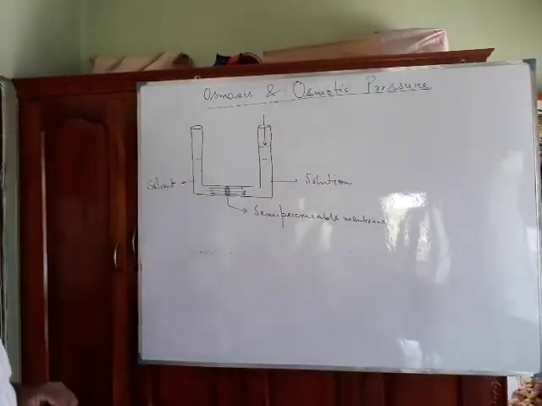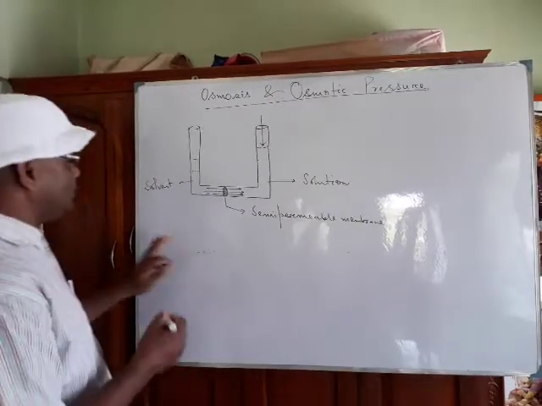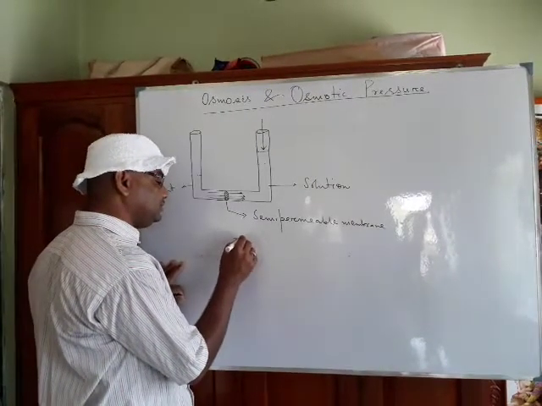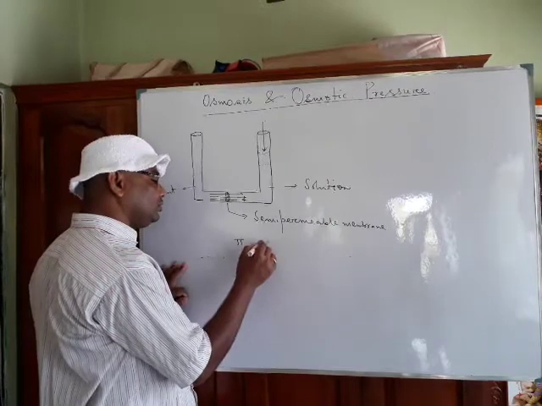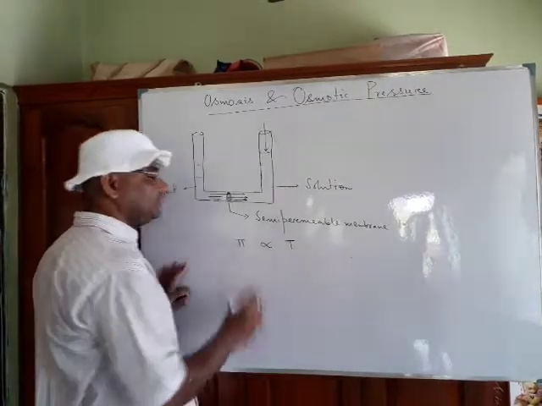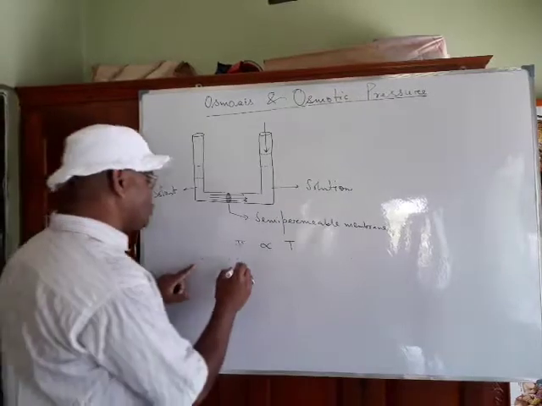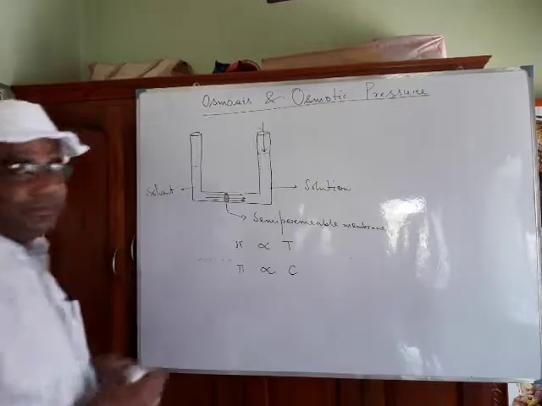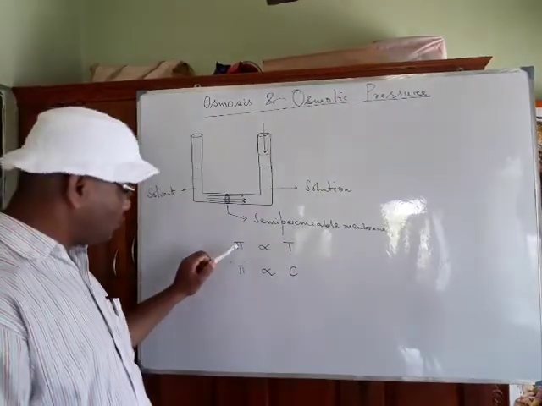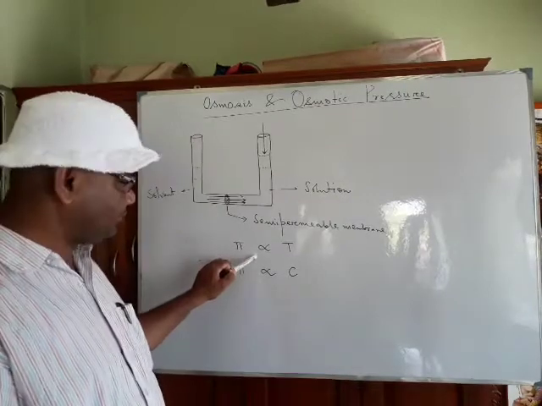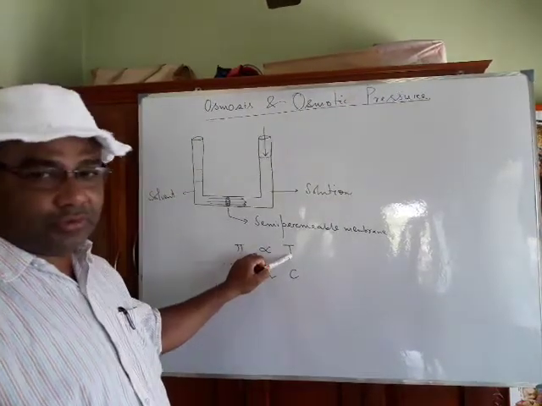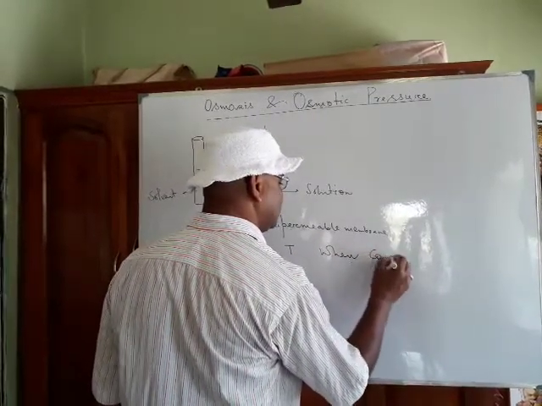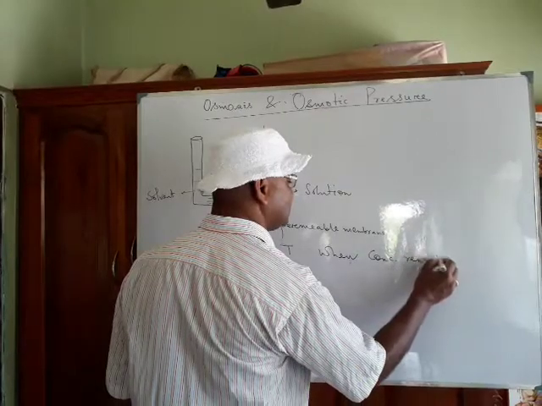osmotic pressure. Osmotic pressure, denoted by pi, depends on temperature, better to say absolute temperature. Osmotic pressure depends on concentration C. Thus, osmotic pressure of a solution is directly proportional to the absolute temperature when concentration remains constant.